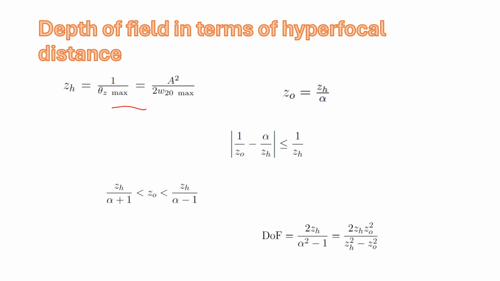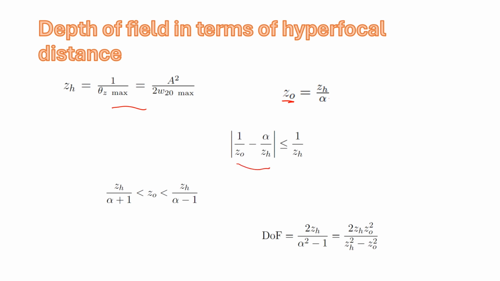We want our preferred object in focus to be at some fraction of the hyperfocal distance. So we could make this Z0 whatever we want, but we can express it in terms of the hyperfocal distance by some constant alpha, the hyperfocal distance divided by alpha. And we're requiring that the range over which we'll have acceptable focus, if we focus at an arbitrary value ZH, would be the range over which the defocus error theta Z is less than 1 over the hyperfocal distance.